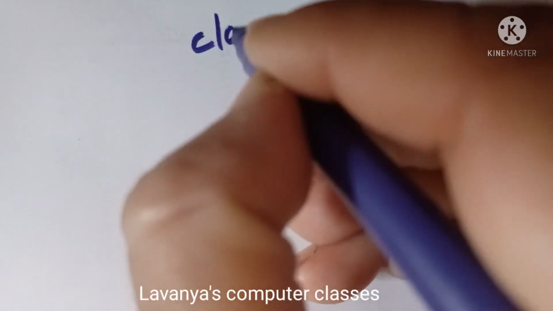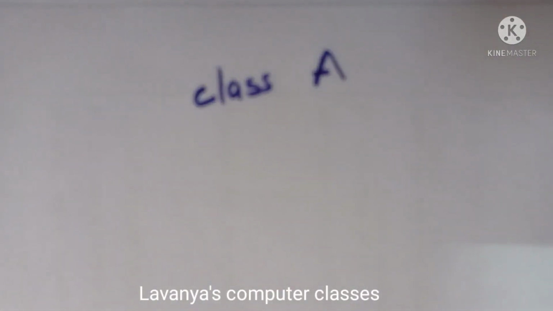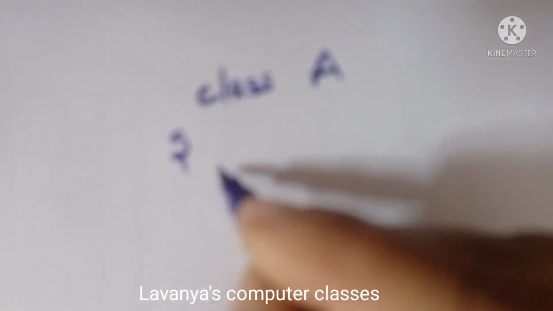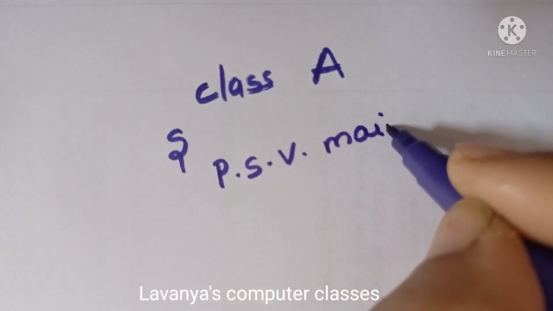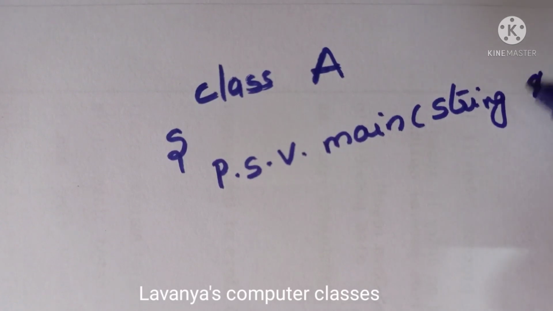For every class, we give a class name. The class name should compulsorily start with a capital letter. My class name is A. After that, we write public static void main, then String arguments.